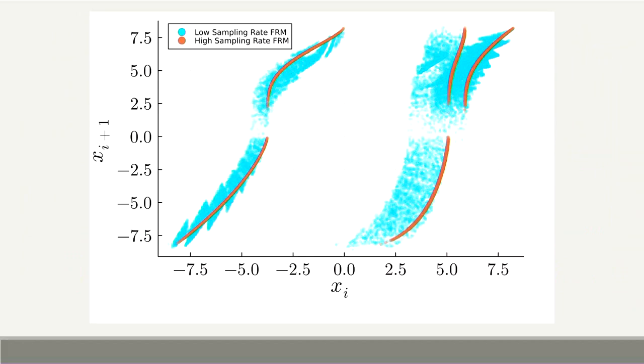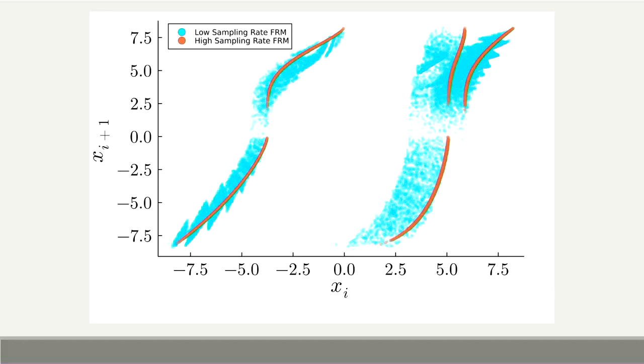Here is the first return map of the same ordinal section on the high sampling and low sampling rate attractor, where clearly the high sampling rate one is much tinier and cleaner compared to the low sampling rate one.